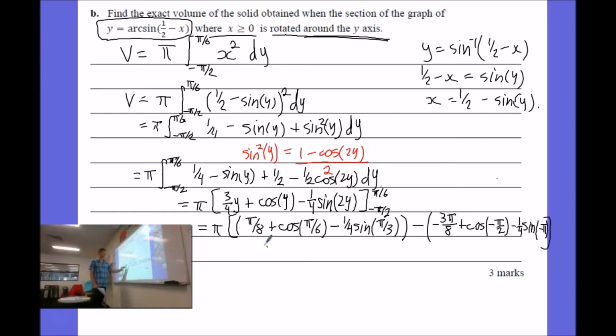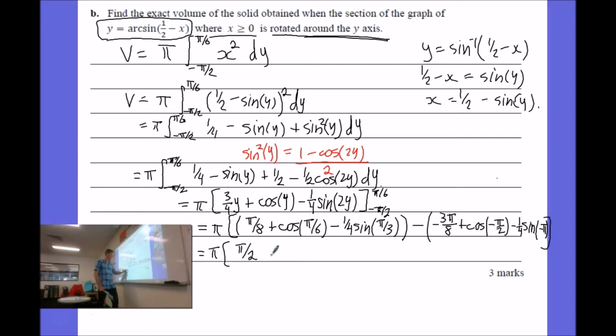So when we substitute them all in and subtract, this simplifies down. We've got pi on 8 and we're subtracting a negative 3 pi on 8. So there's 4 pi on 8 altogether, so that's pi on 2.